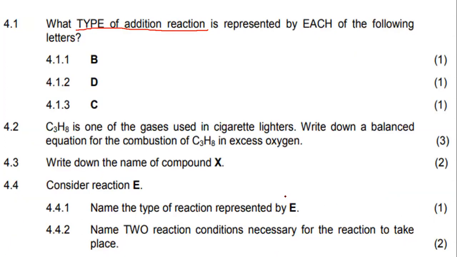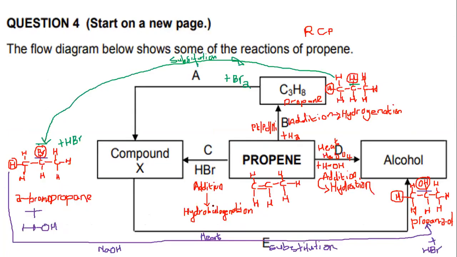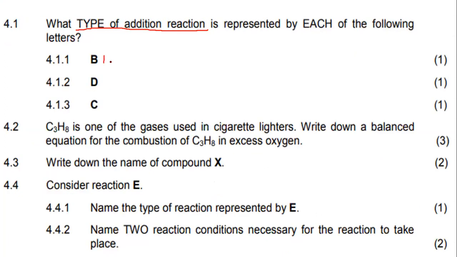They asked us for B, D, and C. So C is definitely hydrohalogenation because we added an H as well as a Br. So when we just write it down there for B, we noted that it is hydrogenation. And then for D, we noted that it is hydration.